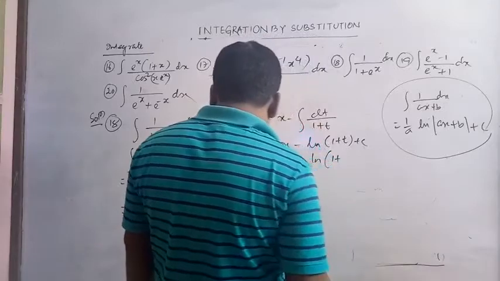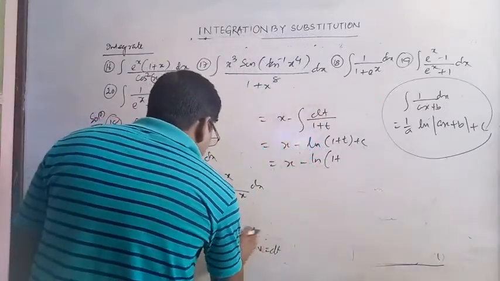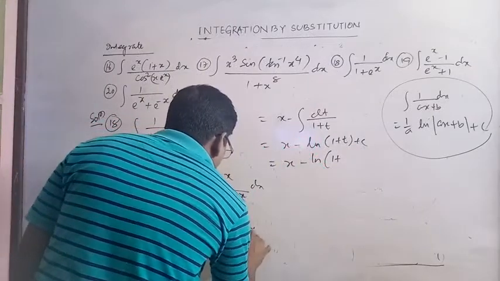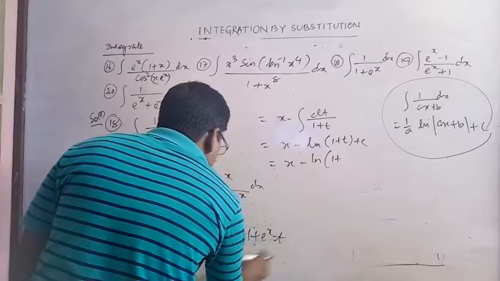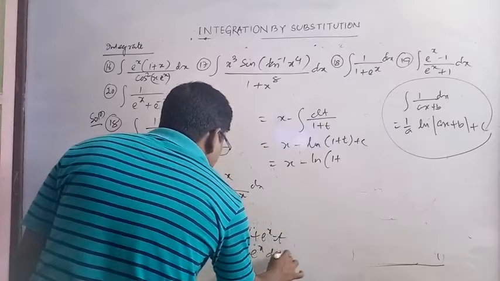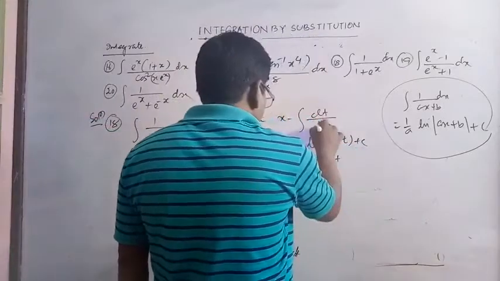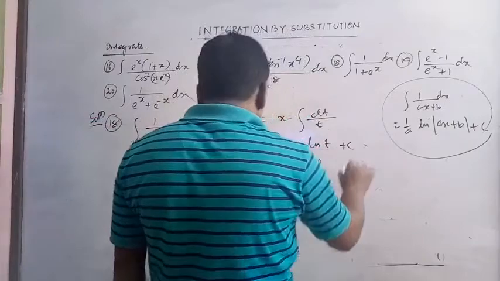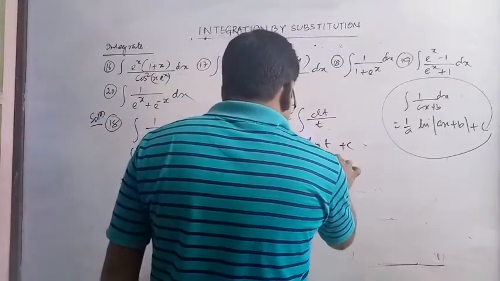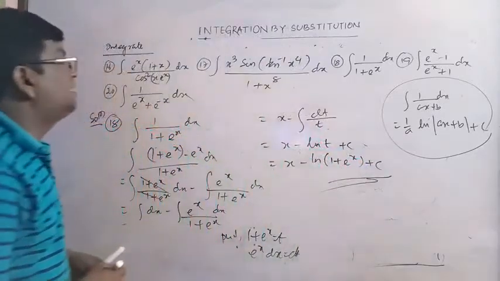So 1 plus e to the x is equal to t, and e to the x dx is equal to dt. So dt by t means log of 1 plus e to the x plus c. This is the answer of question number 18.